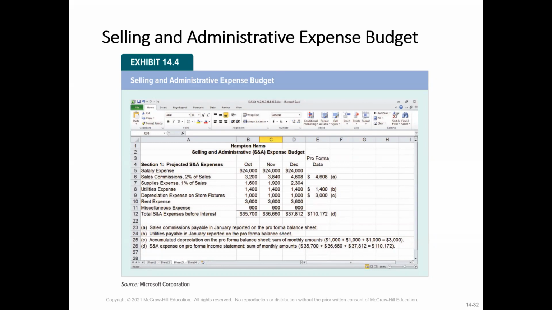So salaries are fixed at $24,000 per month. Sales commission, we have to do some calculation. Make sure we have nobody else waiting out here. Nope. Okay, good. So we would have to revert back to our sales budget and come up with what the sales commissions would be.